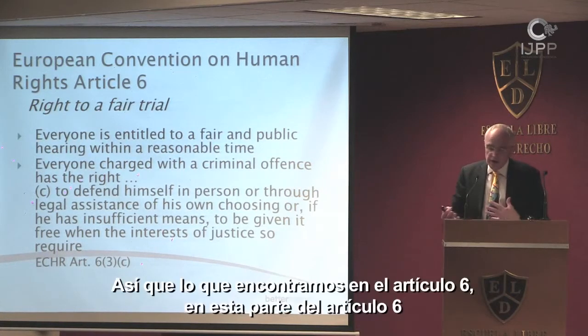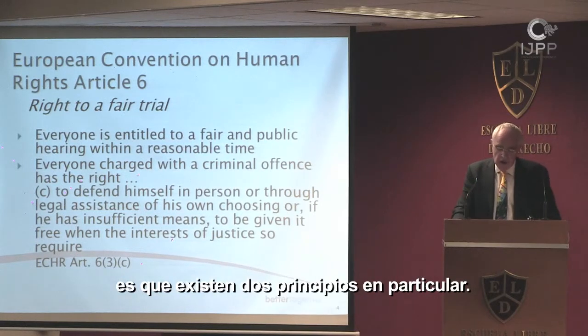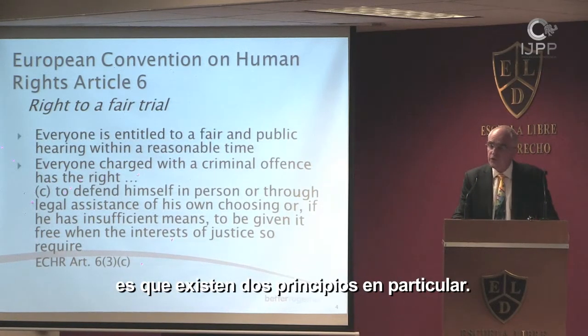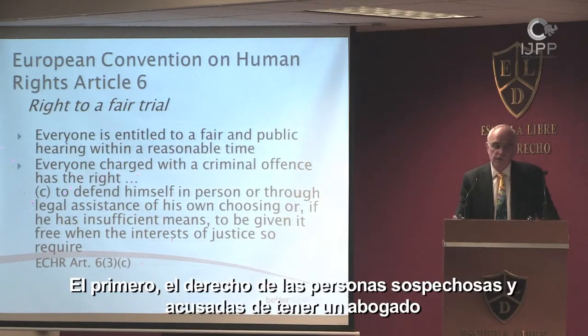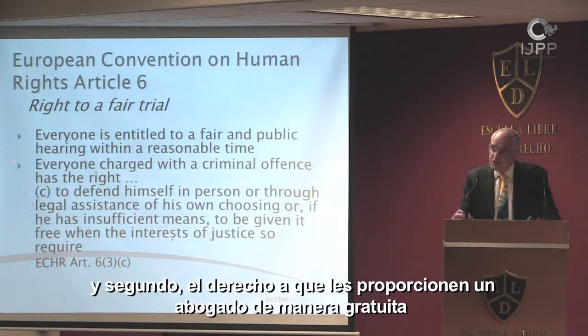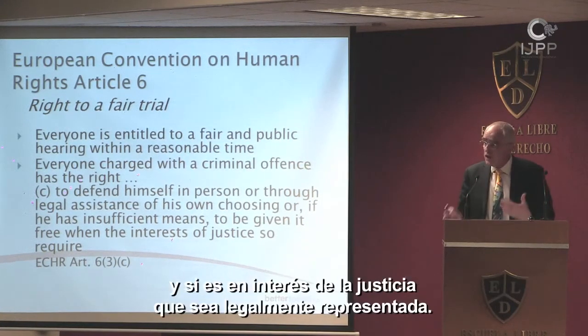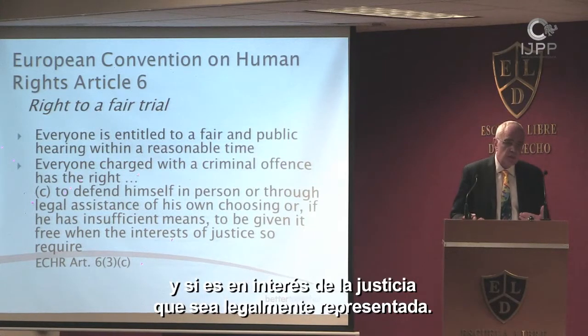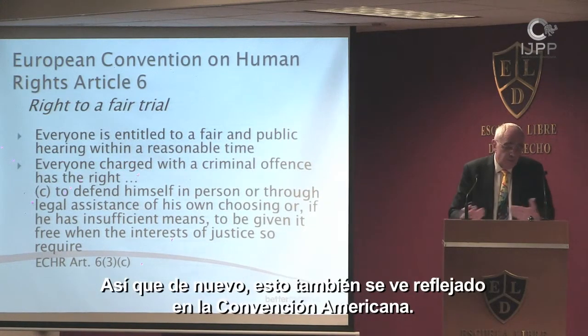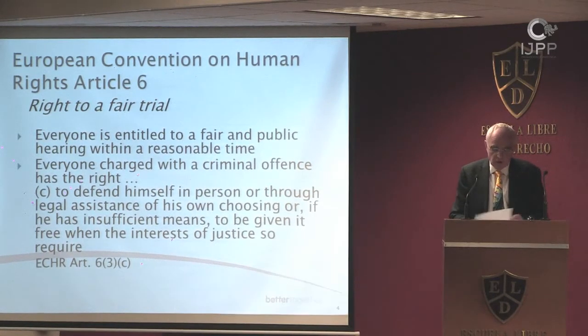And so what we find in this part of Article 6 is that there are in particular 2 principles. First of all, the right of suspects and accused persons to have a lawyer, and secondly, the right to be provided with a lawyer free if they have insufficient means to pay for the lawyer themselves, and if it is in the interest of justice that they be legally represented. So again, that is pretty closely reflected in the American Convention on Human Rights as well.